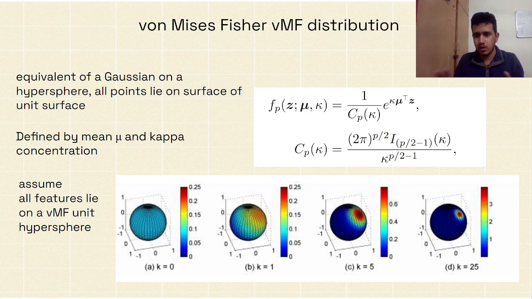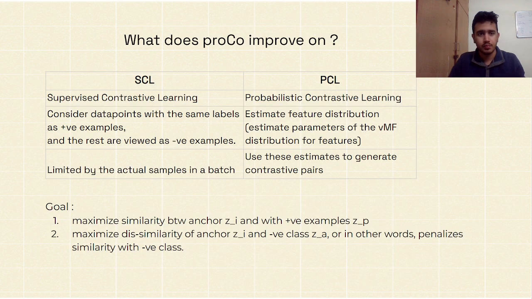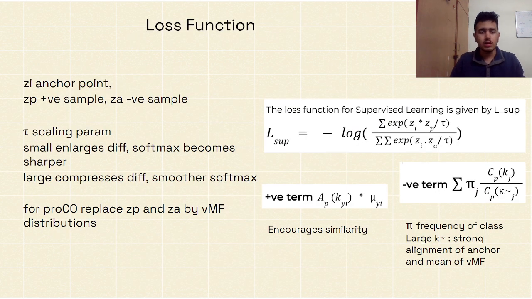I hope you have understood what VMF really is. This is a very strong assumption that the authors have taken, that all the features are on a unit hypersphere following a VMF distribution, and this is where the entire paper revolves around.